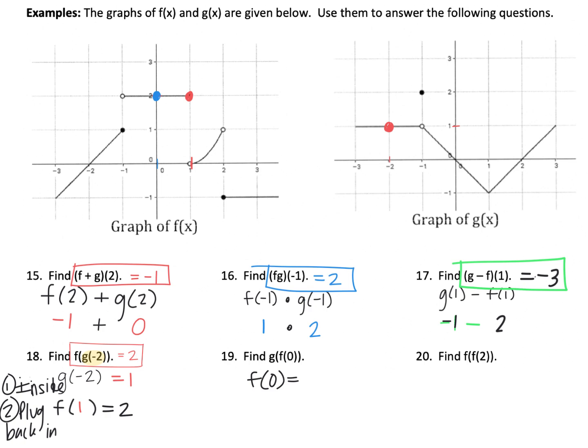Looks like it's at 2. And now that I know what the inside part is, I plug it back into g, or whatever function it tells me. So g, not of f of 0, but g of, we know what that is, 2. So you go to your graph again, but this time we're on g, so g of 2 is right here, 0.